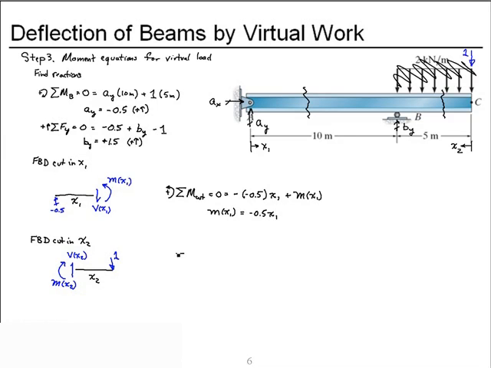So I sum moments about the cut. In this case, we'll take clockwise as positive. We get a positive contribution of the unknown moment, which is a function of x2, and a positive contribution from the virtual load, acting through distance x2. Solve that for my equation of moment in the range of x2, and I get a minus x2.